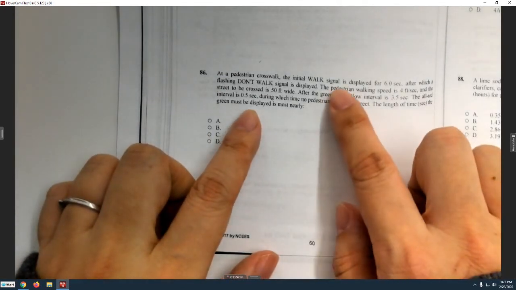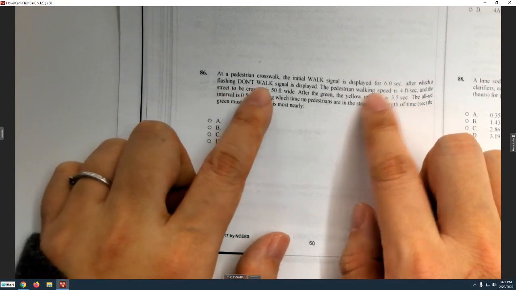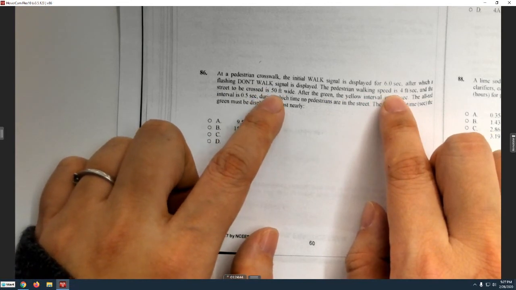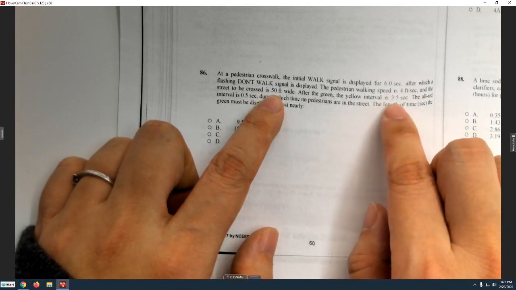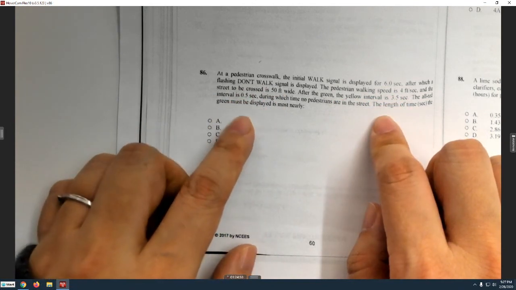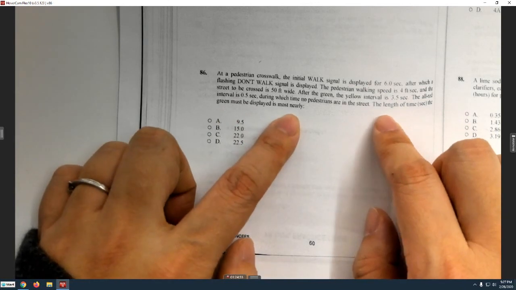The initial walk signal is displayed for 6 seconds, after which a flashing don't walk signal is displayed. The walking speed is 4, the street width is 50, after the green the yellow interval is 3.5, all red is 0.5. So, the length of time the green must be displayed.